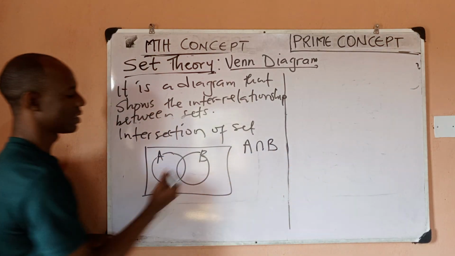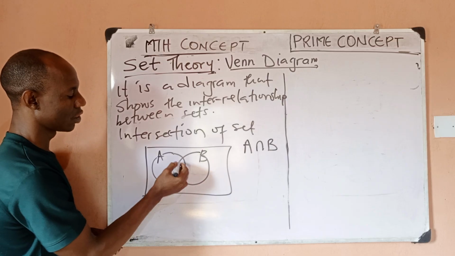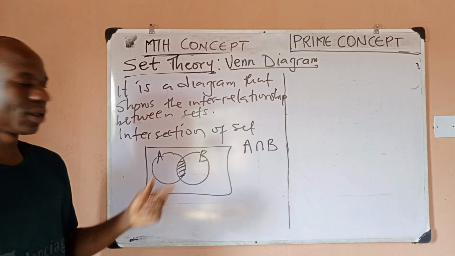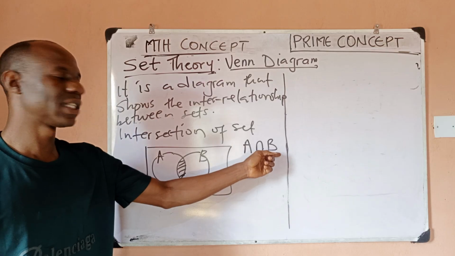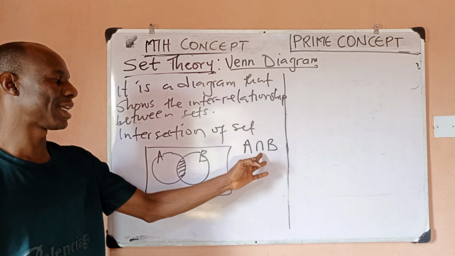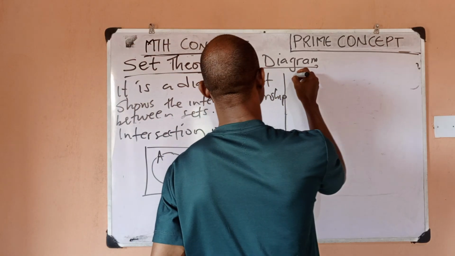If I want to indicate the intersection, I'm going to look at what they have in common, which is this region. So I will shade it. So when I shade, the shaded region is the region that talks about the set relationship. So this simply represents A intersection what? B.